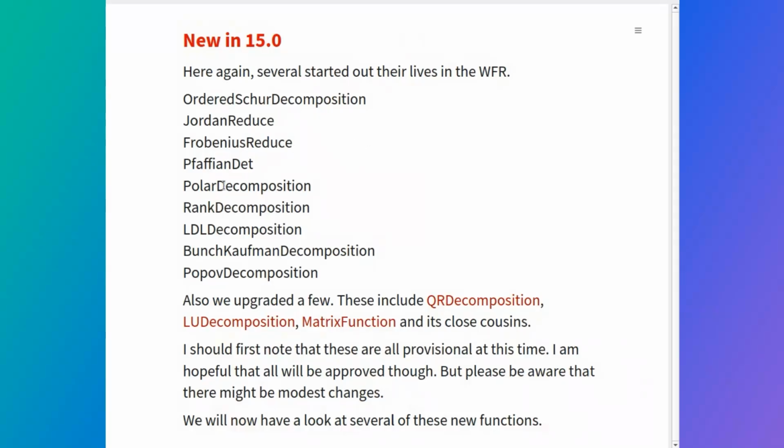And we're adding some decompositions: the polar, rank, LDL, Bunch-Kaufman, and Popov decompositions. I'm going to talk about a lot of these individually, so I won't go into any detail on this page. I should add, these are currently provisional.